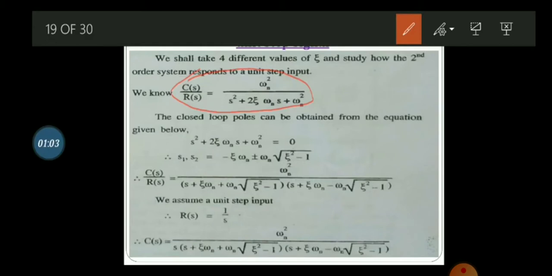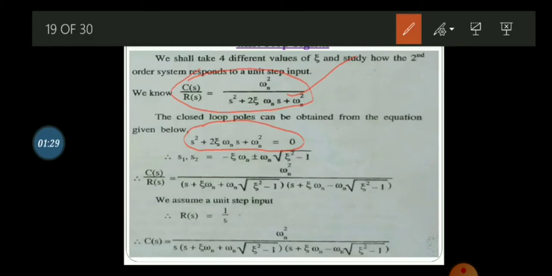Consider the transfer function of this second order system and determine its poles. The characteristic equation is s^2 + 2 zeta omega_n s + omega_n^2 = 0.